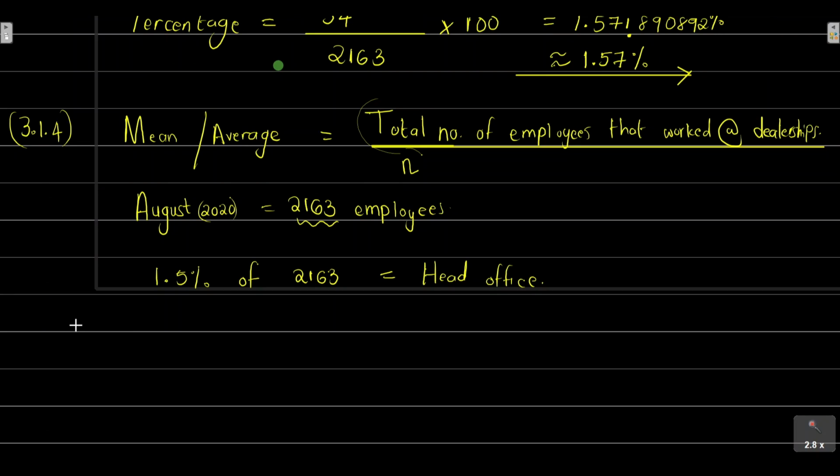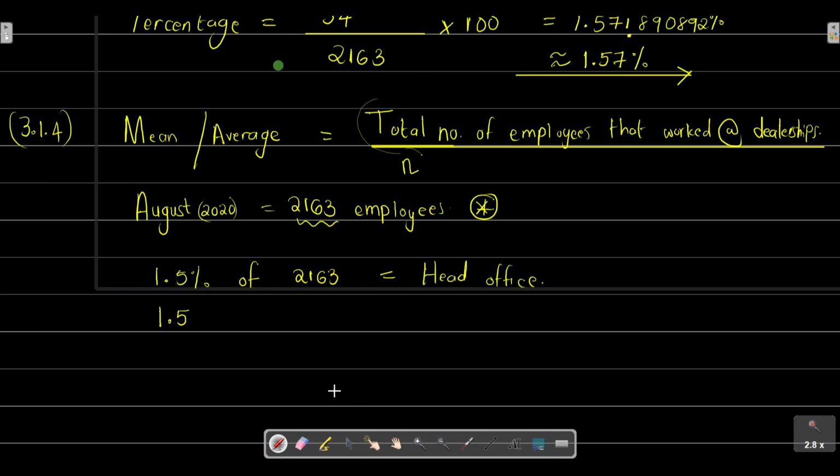Okay, so we already know the total number of employees that work for the MH Motor Company. Now we want to determine how many of them were at the head office. If we take 1.5%, that is the same as saying 1.5 divided by 100. When we see of, we multiply by 2163.